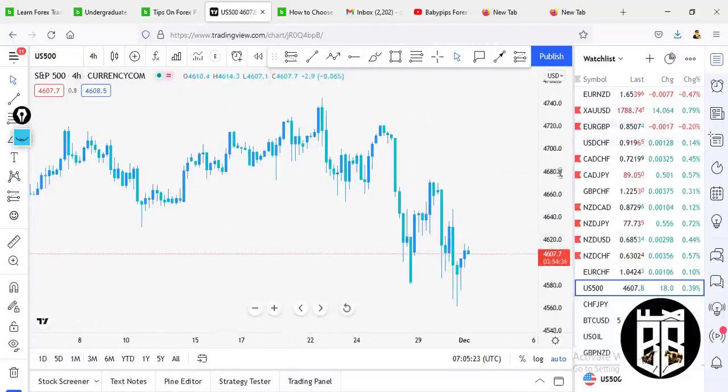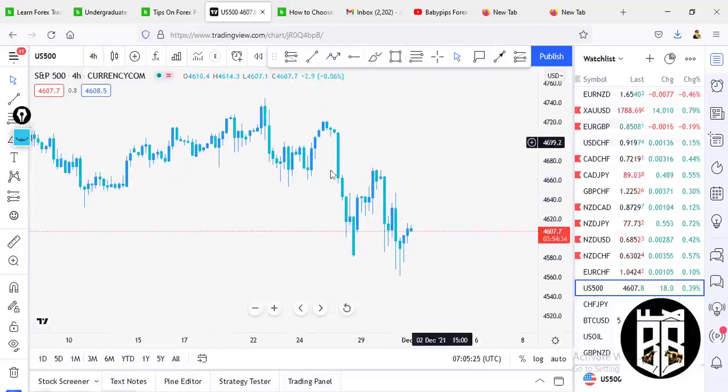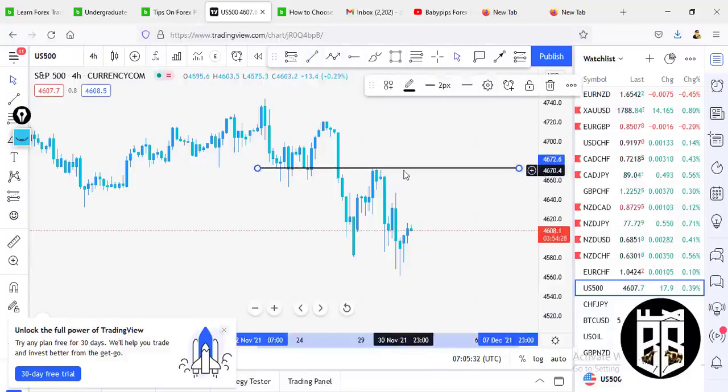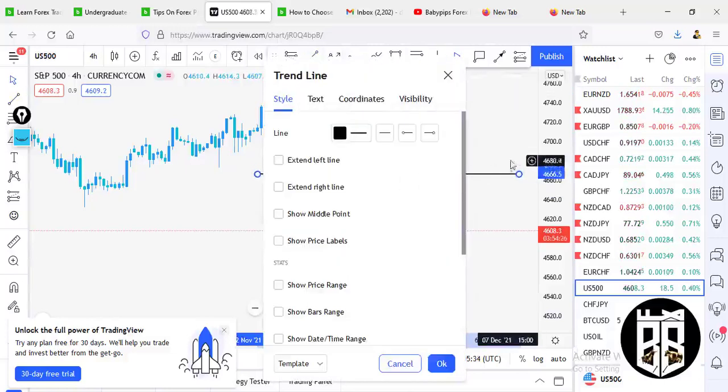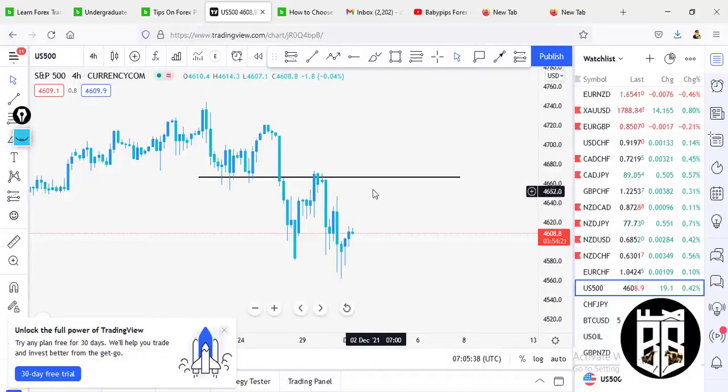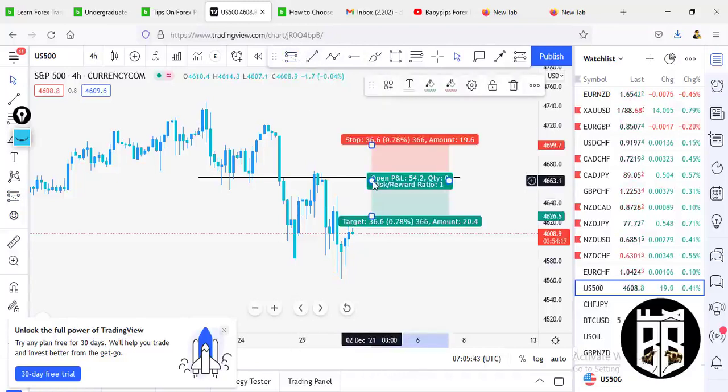Okay, and we said that we are looking for price to come to this level, right? Price to come to this level. Okay, good. Now we just calculated 104 pips, and I said I'm going to sell this market.